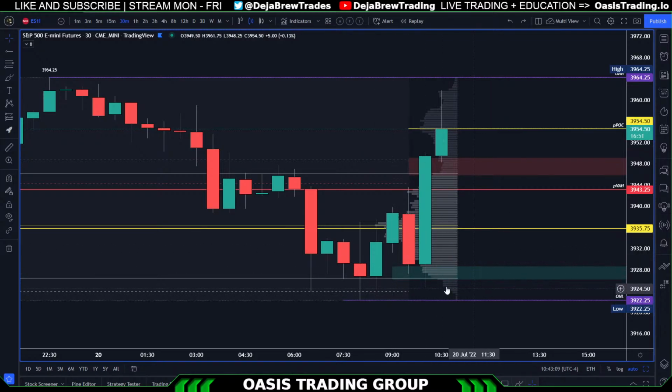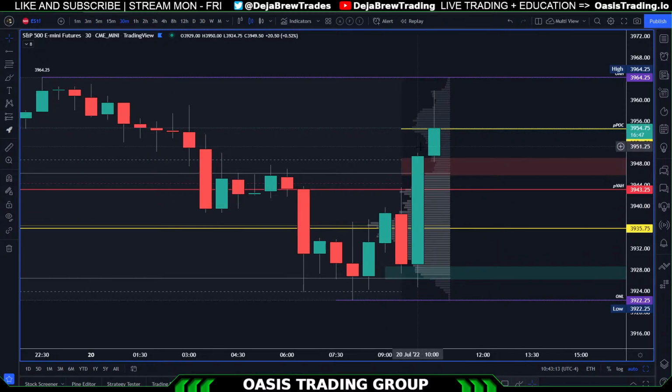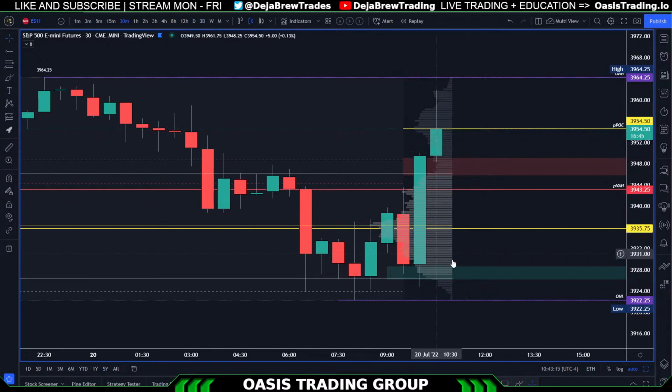Took I think a 5 to 10 point loss on the Apex account. That's all right though. It's just a simulator. If you guys did take this trade, if you closed at the POC or the old value area high, don't beat yourself up. I was not expecting this kind of buy pressure off of that bad news. We were looking for probably a 15 to 20 point move. Ended up giving you almost a 40 point move.